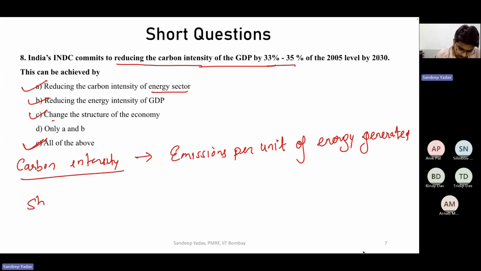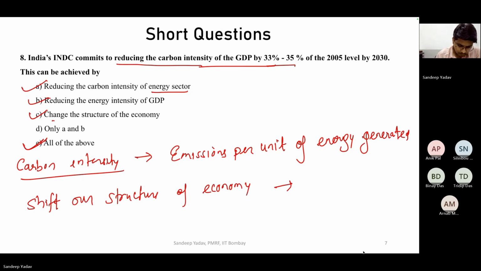If we shift the structure of our economy from energy intensive industrial sectors, what are those?